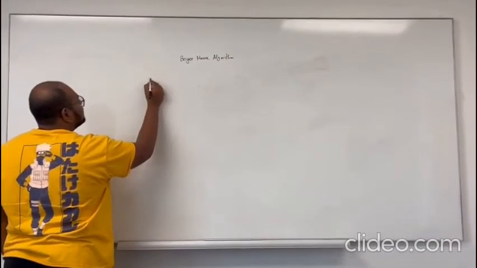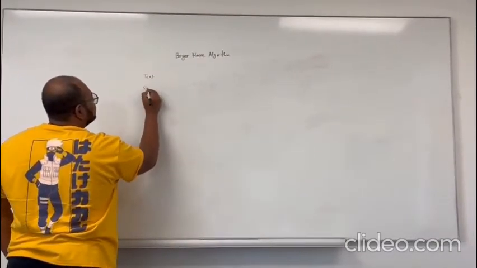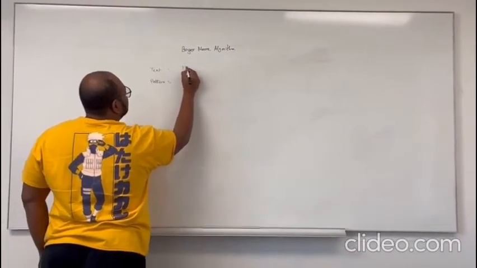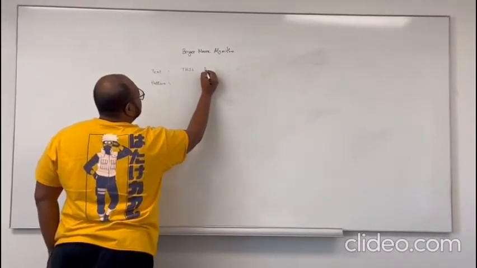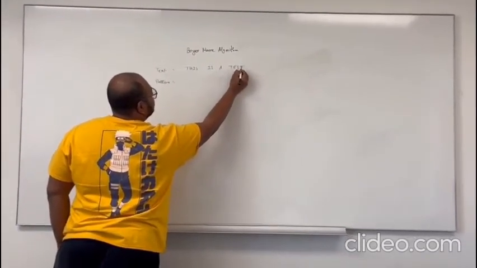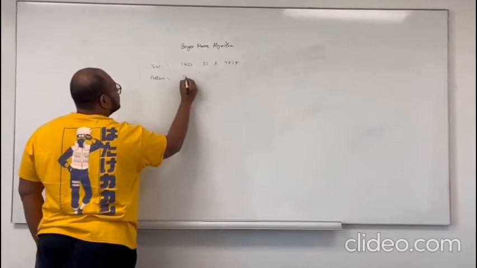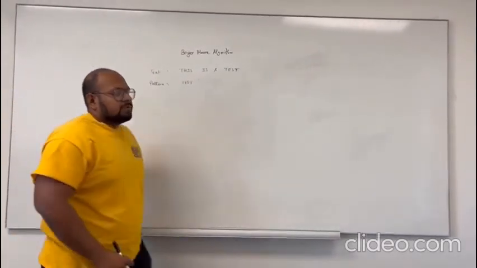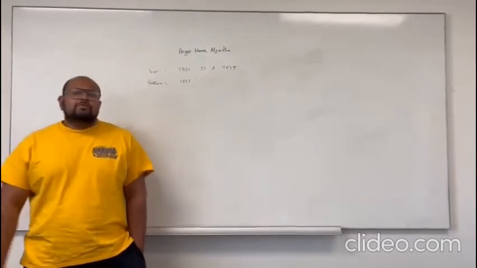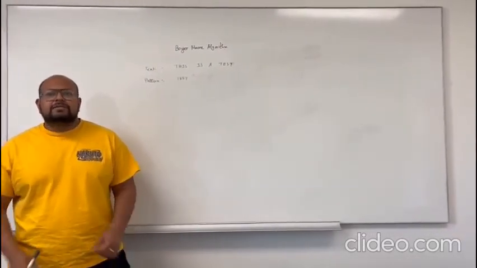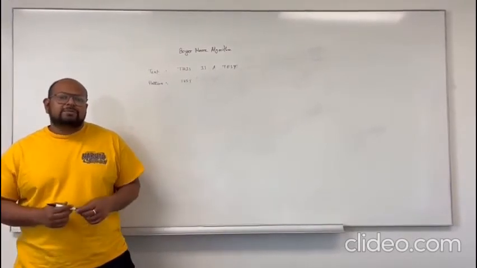So let's see a text and let's see a pattern. So this is our text string and the pattern is TEST. Any algorithm apart from the naive or the brute force approach attempts to skip the characters in the text where the pattern is to be searched.